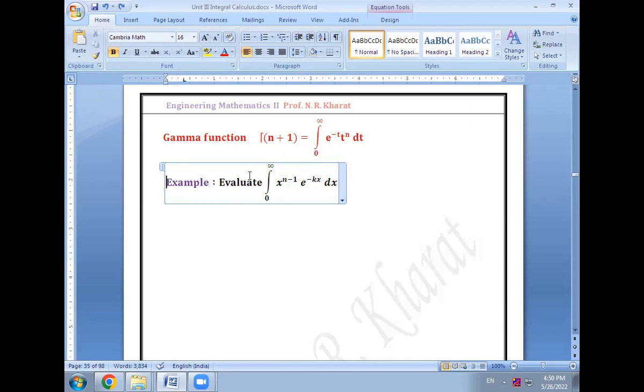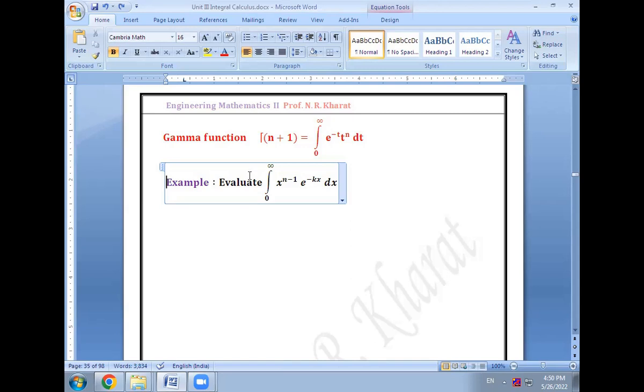So first, when we compare the definition of your gamma function, the value of index of exponential function is minus x or minus t. We already saw the gamma function does not depend on the variable. The variable doesn't matter in gamma function. So the example is given here.